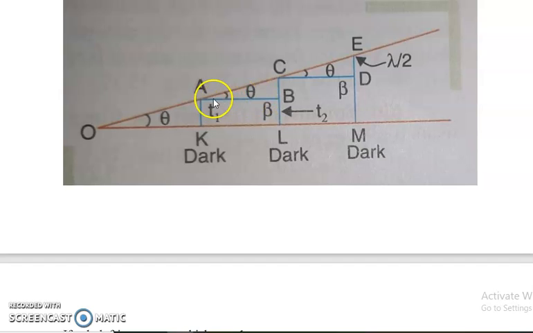If we consider this triangle ABC, then we can write that the length BC will be equal to AB into tan theta, since from this triangle tan theta is equal to BC divided by AB. Now let us substitute the value of T2 minus T1, which is equal to BC.